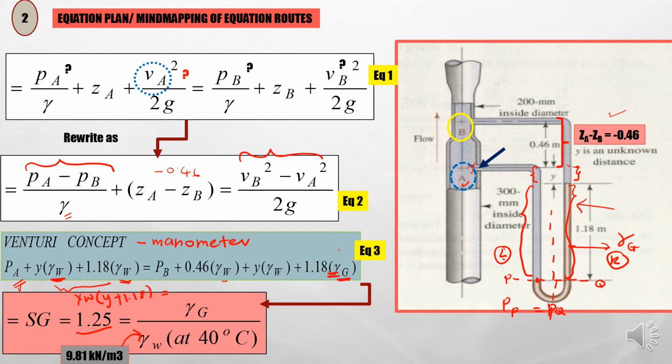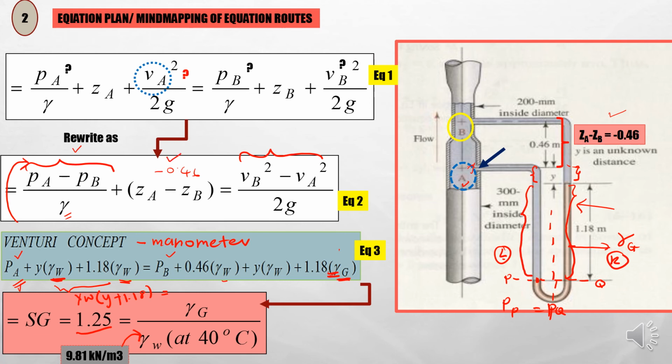So why are we going to use this equation? Notice that we have a few terms which are needed in this equation too. It consists of PA and PB. If we rearrange this equation, we will use this term to replace the terms in here. Therefore we can solve this term, and we already have the value ZA minus ZB.